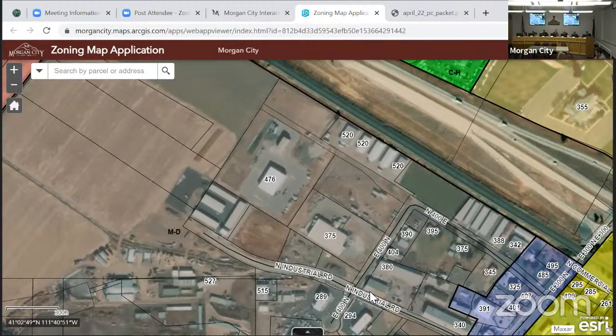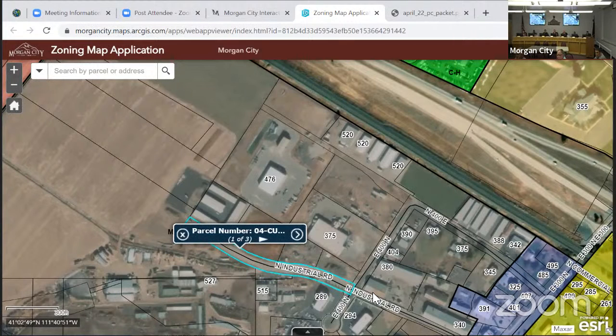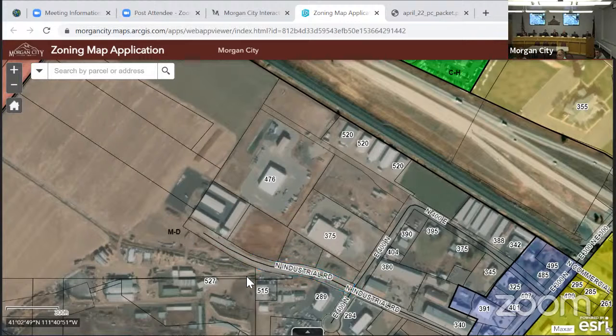So since I made the connection, I will go ahead and step up to the map and show it. Thank you, Teresa, for pointing that out. So the current access point here is on Industrial Road. Okay, so here's our access point.